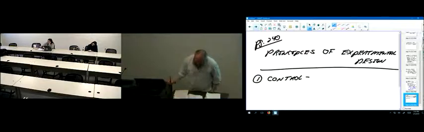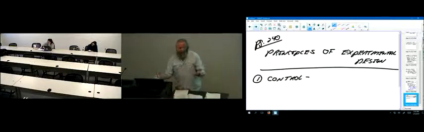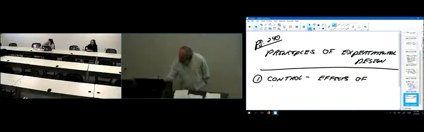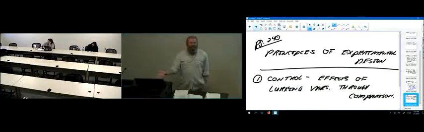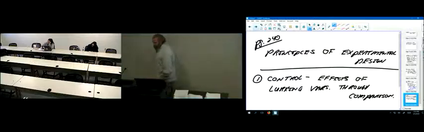And what we mean is control the effects of lurking variables, through comparison. Folks, that's the comparative part. In other words, that experimental design principle is telling you that you don't suffer from confounding.